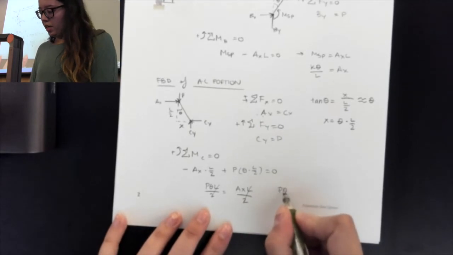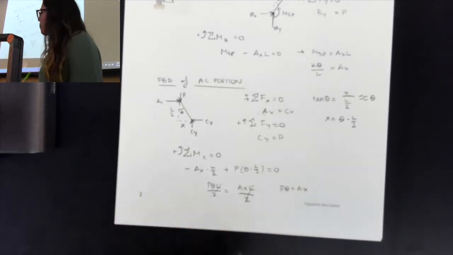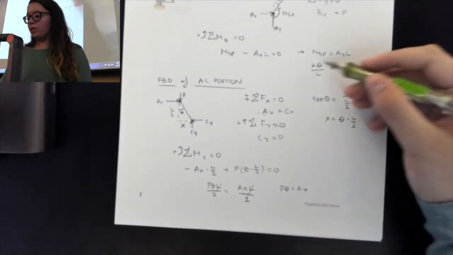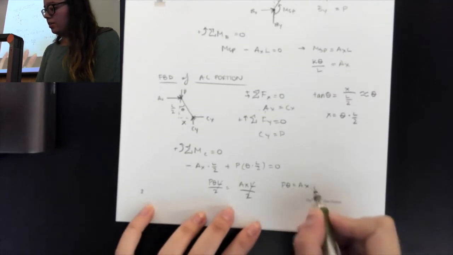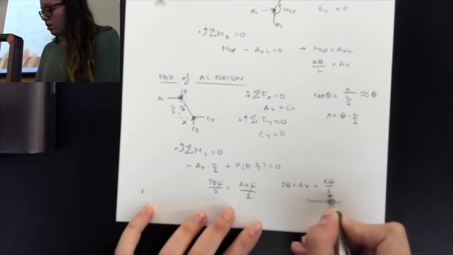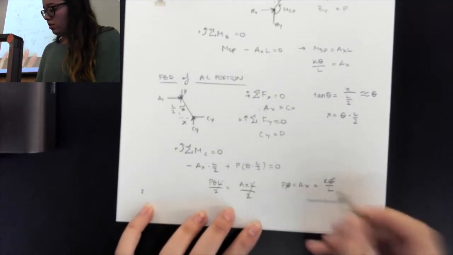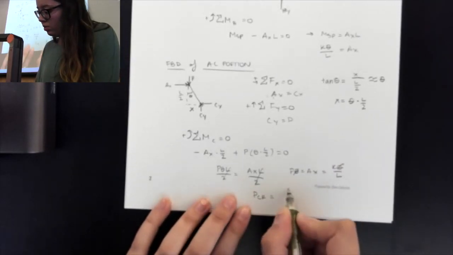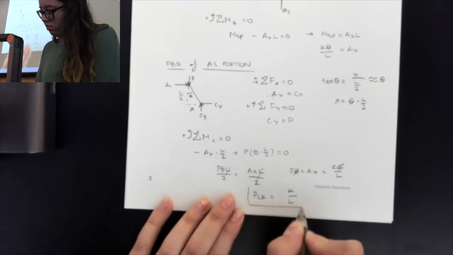So we're left with P times theta equals our AX. Can I solve for my P critical now? Yeah, right, so I had AX in terms of K theta and L, and I know now that this is equal to K theta over L. My thetas cancel, so we get P critical is equal to K over L.